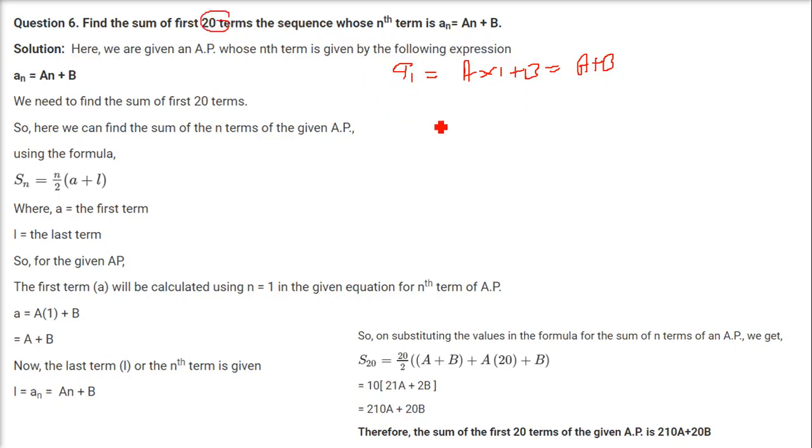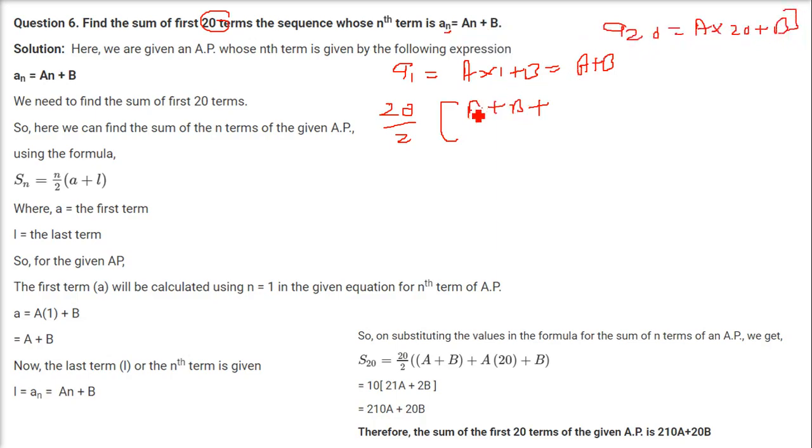That is 20 terms. So n by 2, that is 20 by 2, a plus l. a means first term, a plus b, plus l. What is the a20 term here? a into 20 plus b.